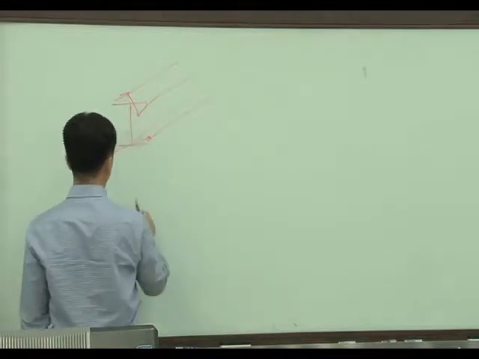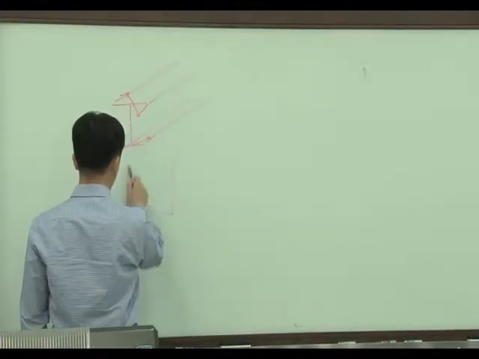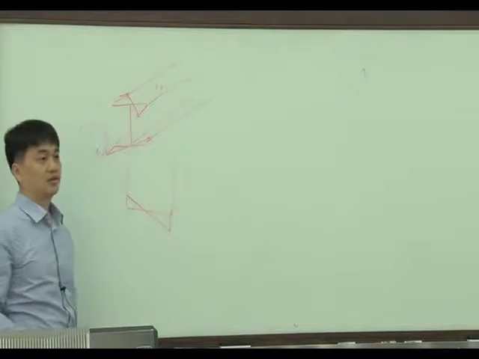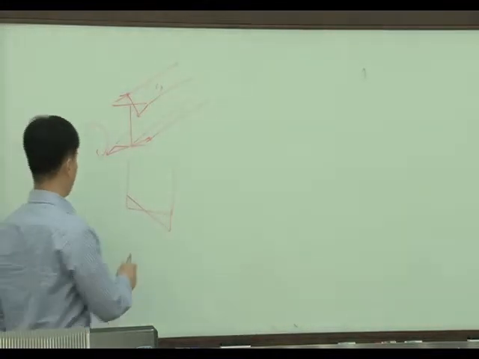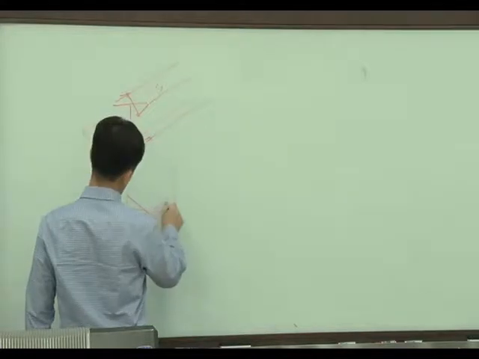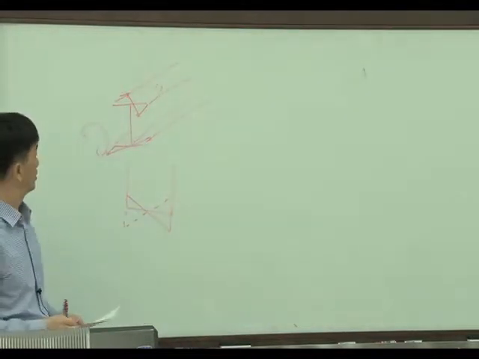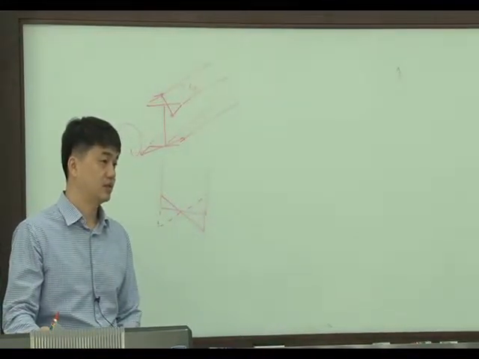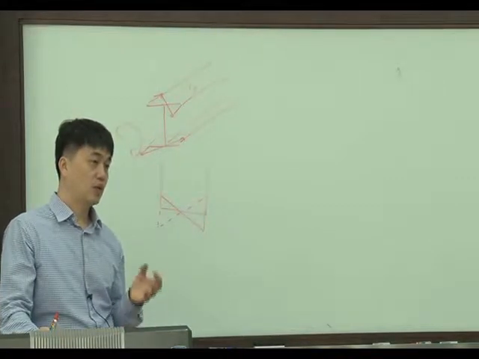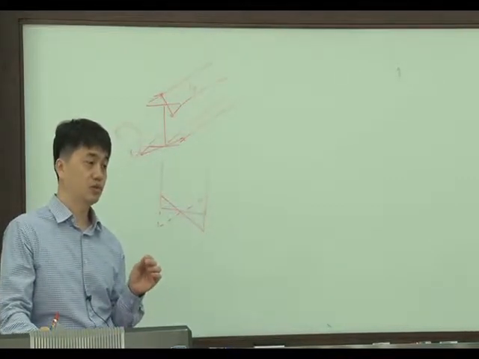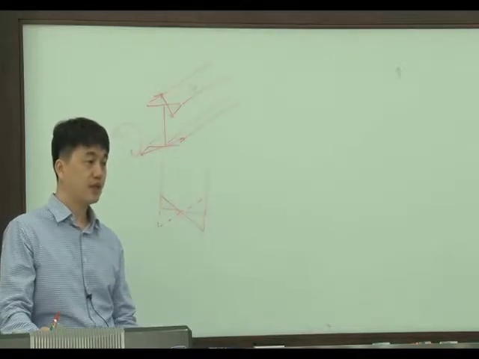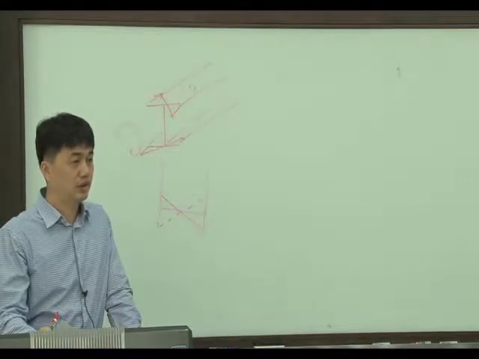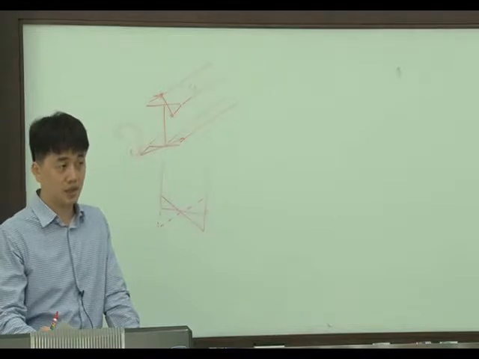If you view this from the top, this top plate displaces like this, and the bottom part displaces like this. We are saying this is warping. When a beam is subjected to twisting, out-of-plane displacement happens, and we are saying this is warping.